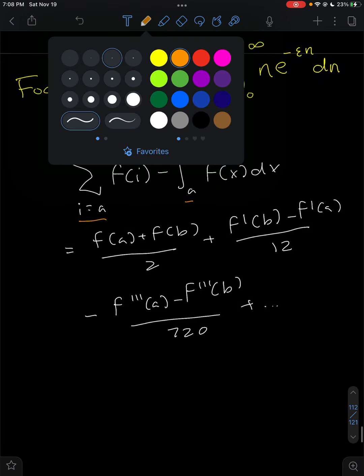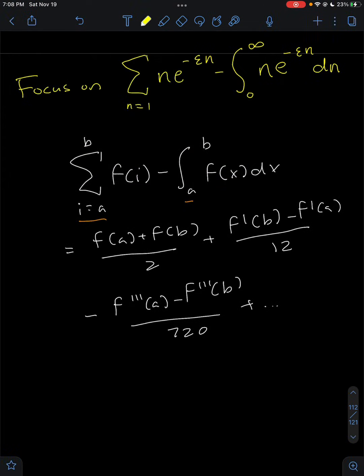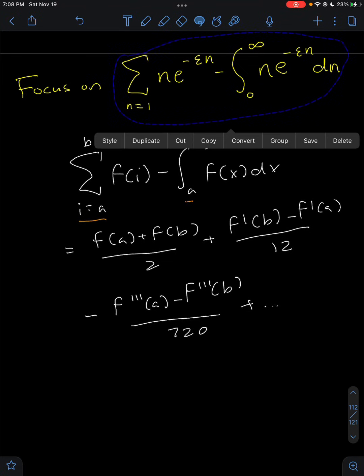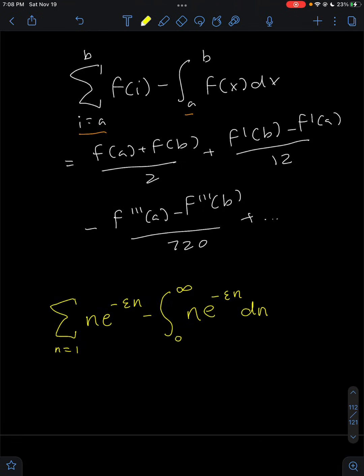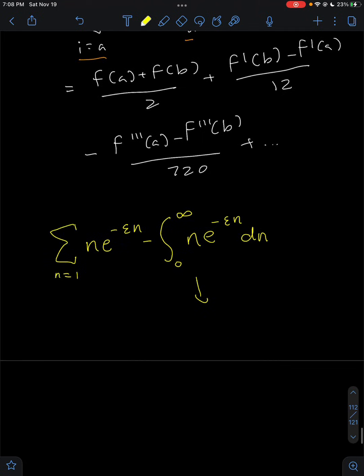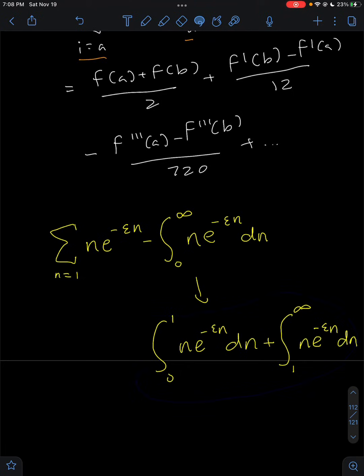Instead, we have to rewrite this summation a bit. So let's copy that, paste it. This integral right over here is just equal to the integral from 0 to 1 of n e to the minus epsilon n dn, plus the integral from 1 to infinity of n e to the minus epsilon n dn, because an integral is just an area, so we can just add these areas together.